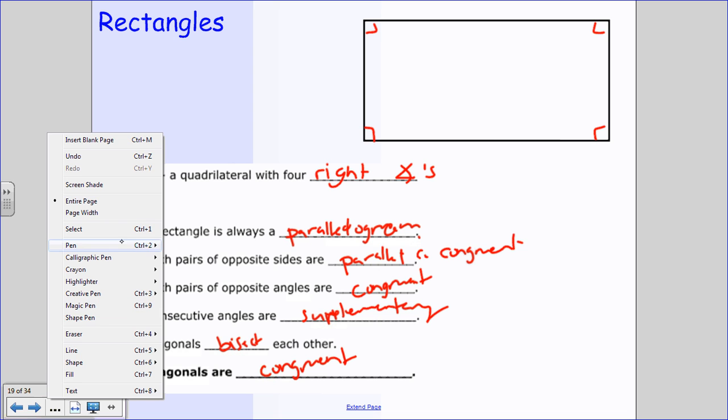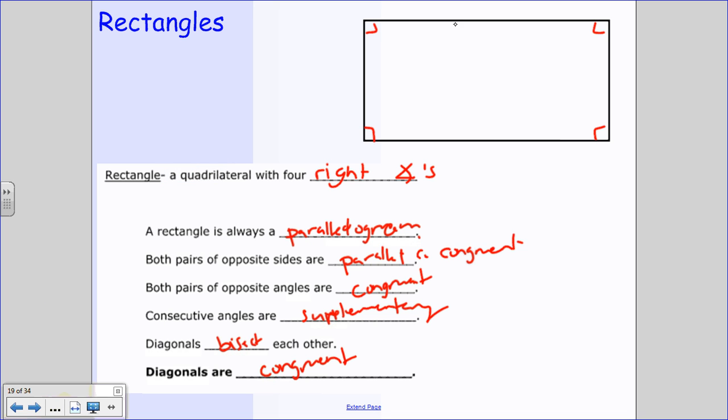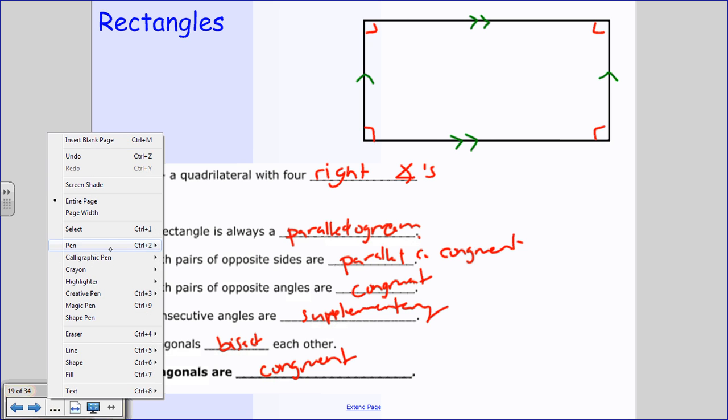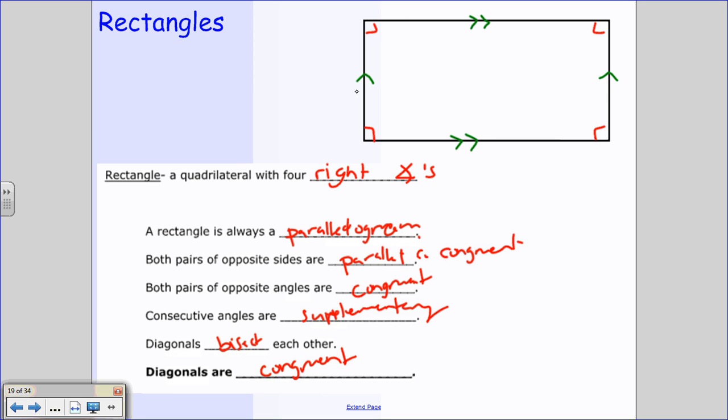So again, just to reemphasize, you're going to have opposite sides parallel, like I'm marking as of right now. You're going to have opposite sides be congruent. Consecutive angles are supplementary. Opposite angles are congruent. Well, all the angles are congruent. They're 90.